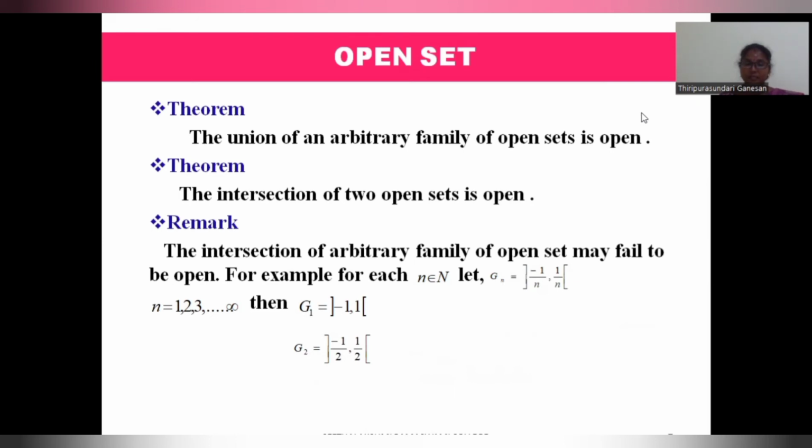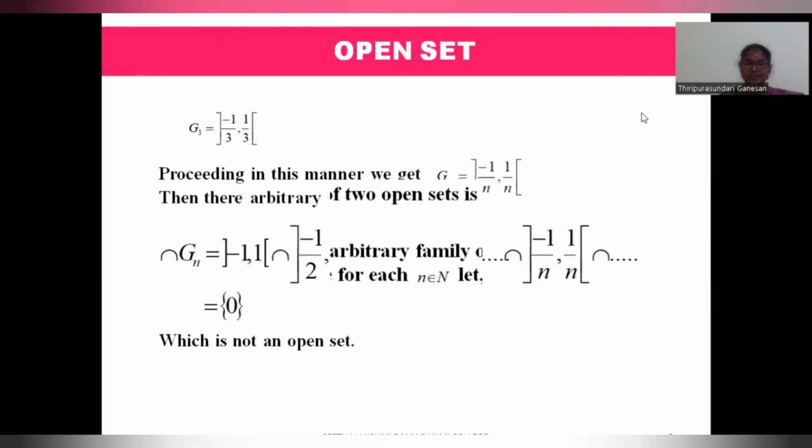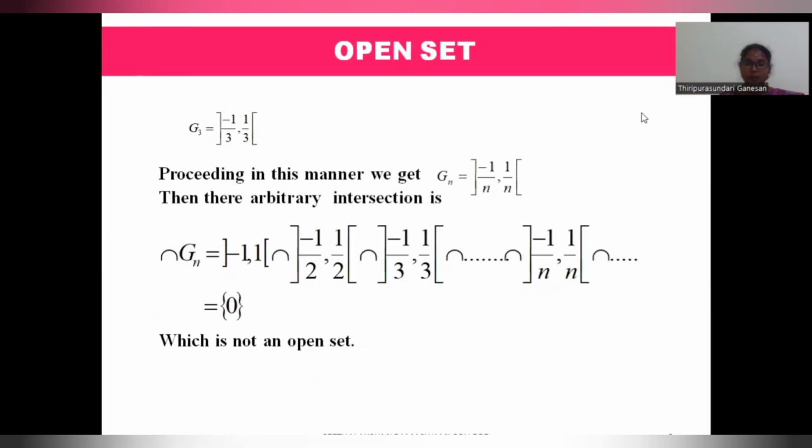If we put n equal to 1, 2, 3, we get the sets G1, G2, etc. The set G1 is the open interval (minus 1, 1). G2 is the open interval (minus 1 by 2, 1 by 2). G3 is the open interval (minus 1 by 3, 1 by 3). Proceeding in this manner, we get G_n equal to the open interval (minus 1 by n, 1 by n).